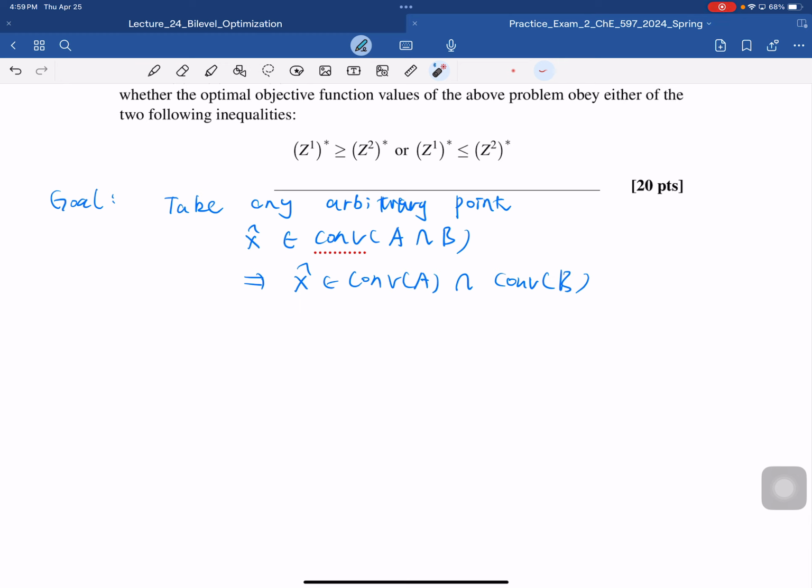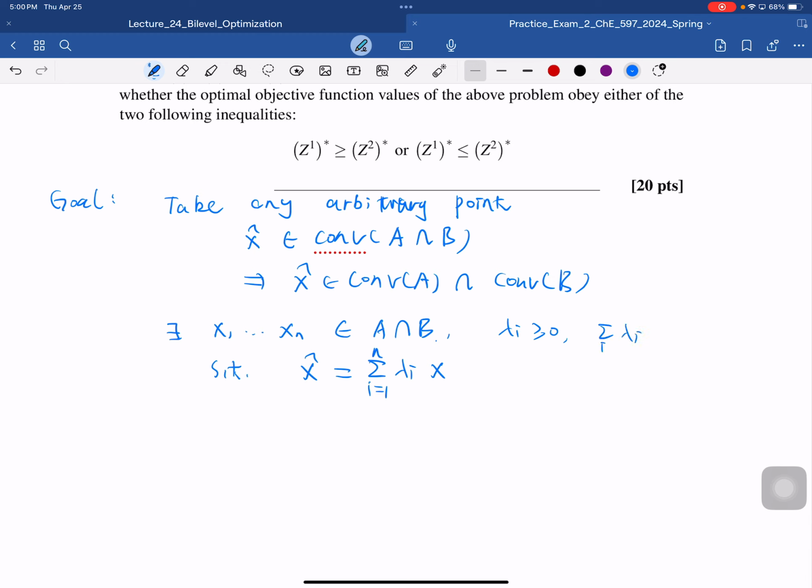Since x hat is in the convex hull of A intersect B, then by definition of the convex hull, there exist points, let's say x1 all the way to xn, in the intersection of A and B, such that x hat is a convex combination of those points, with lambda i greater than or equal to 0 and the sum of lambda i from 1 to n equal to 1. This is just the definition of a convex combination.